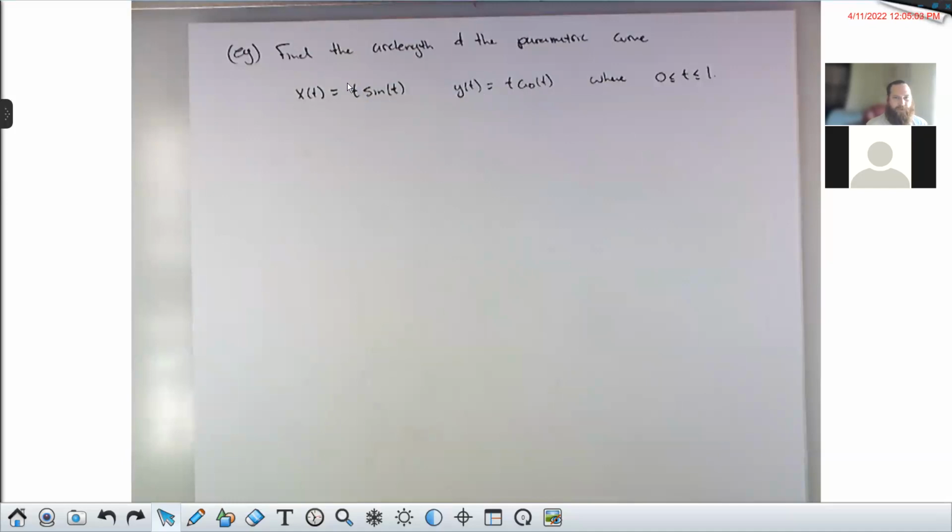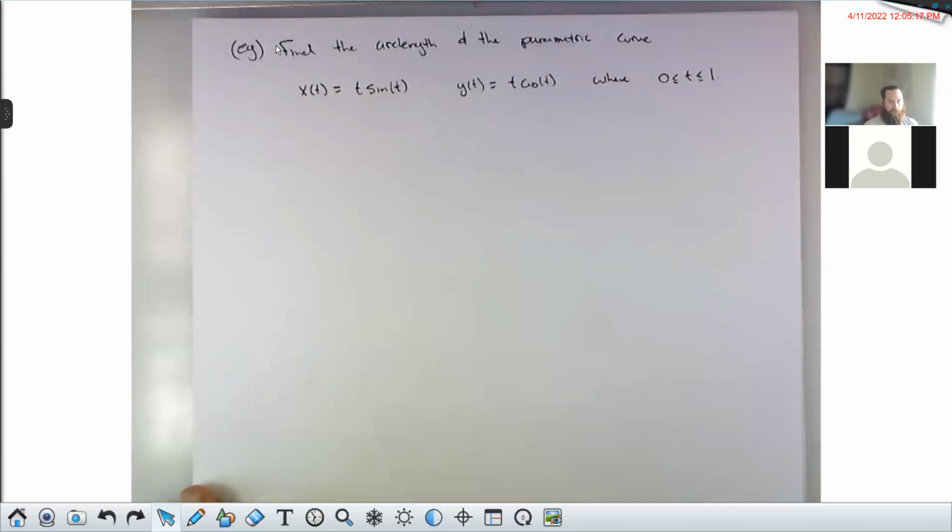But here the radius is variable. So as t goes up, normally that walks us around the circle. Here, as t goes up, that walks us around the circle, and the radius is increasing. So what kind of shape are we going to get out of this?